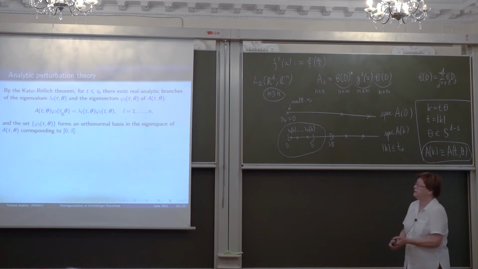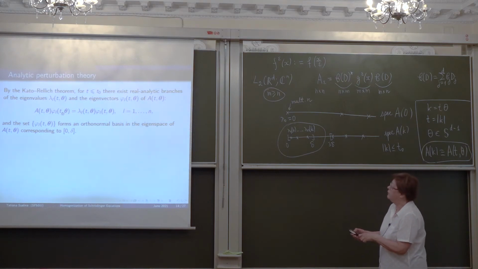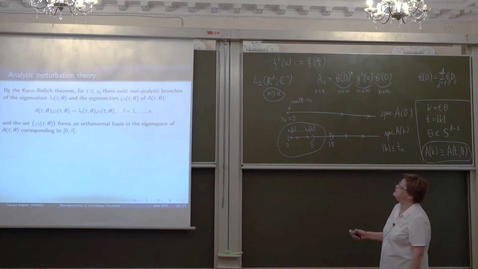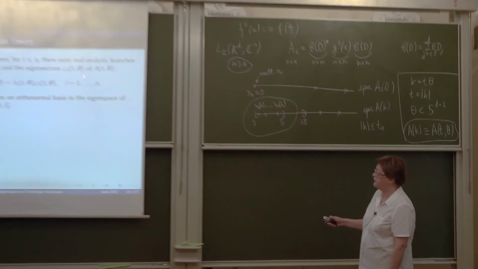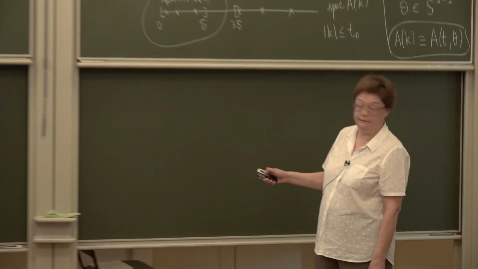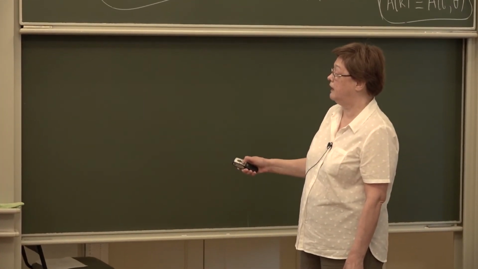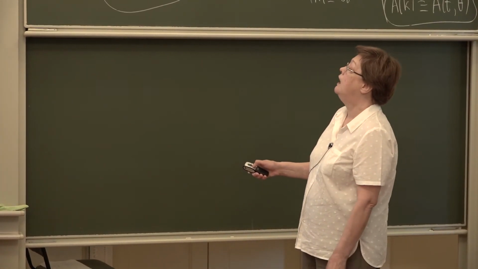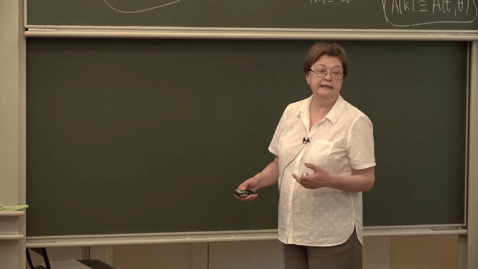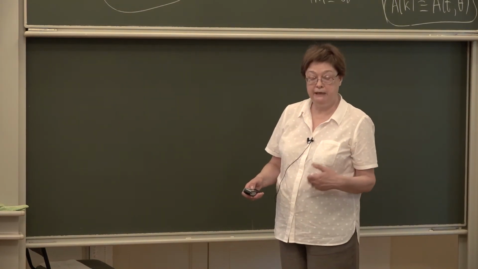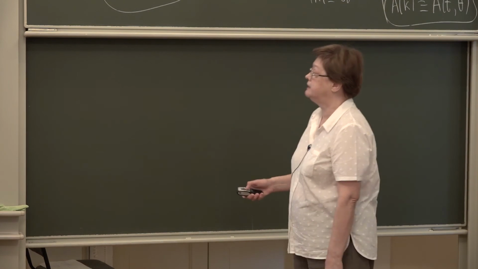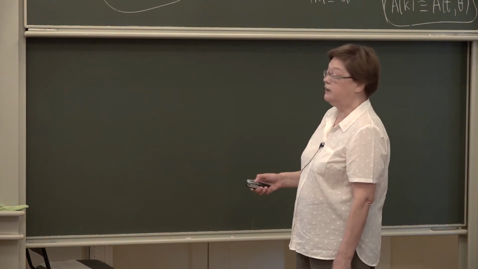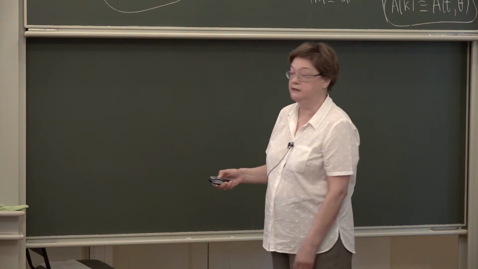By the Kato-Rellich theorem, there exist real analytic branches of the eigenvalues, lambda l's, and the real analytic branches of the eigenvectors, phi l's, of our operator family. The first n eigenvalues and eigenvectors. Of course, they are real analytic in t, but they depend also on the additional parameter theta, and we have to take care about this dependence.